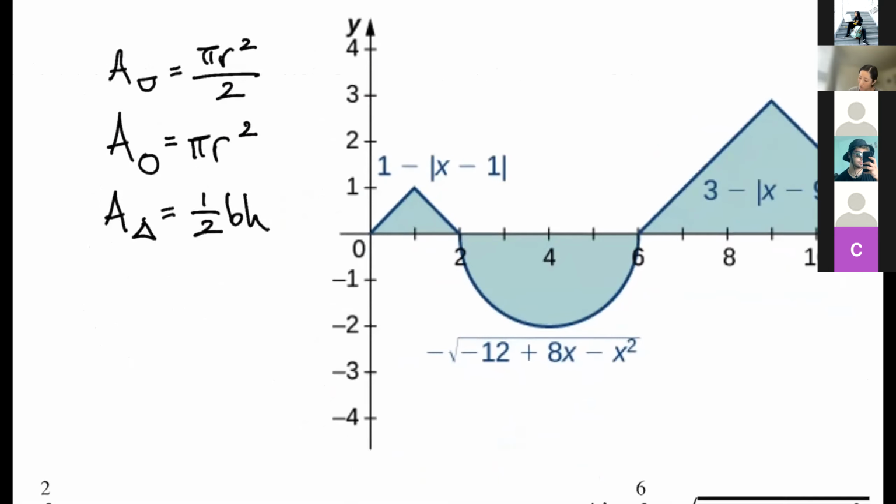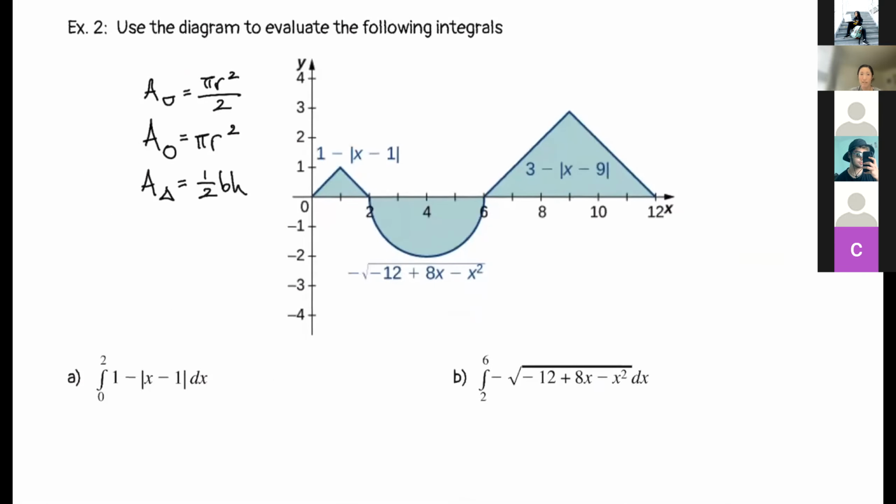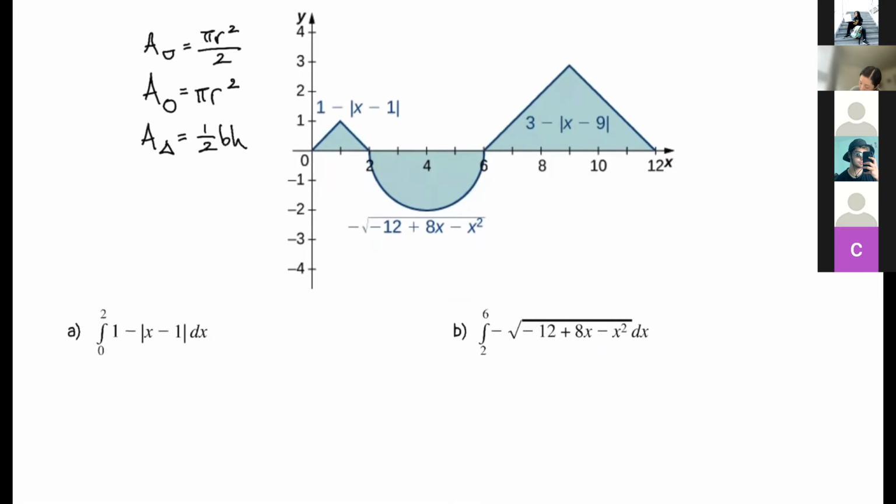All right, so we've got these formulas here. Let's take a look at these questions. For part A, it says find the integral from 0 to 2 of 1 minus the absolute value of x minus 1, and I'm going from 0 to 2. So what shape does that correspond to?